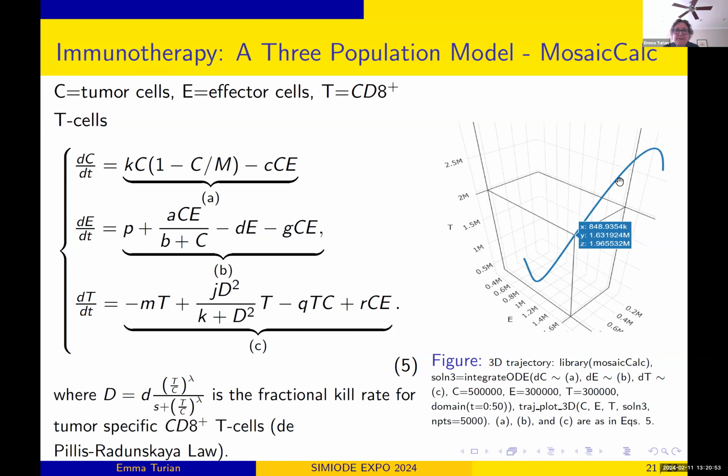If we hover above the trajectory, we get the coordinates, which is very, very helpful because sometimes it's difficult to visualize a 3-dimensional system and get to see when is it that the effector cells are going down, and then the T cells going up, what's happening with the tumor size. So it's very good to have this hovering property that provides the XYZ coordinates. And this is just the picture that we're seeing on the right side.